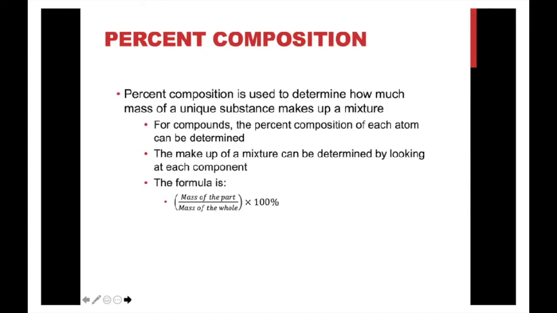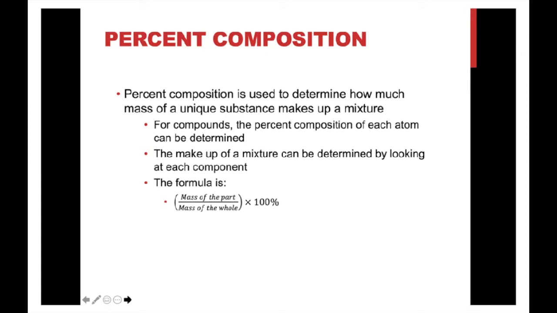So first up is going to be percent composition. This is basically how you figure out how much of a part of a mixture makes up the entire mixture. That mixture can be 3 solids that you've separated, and you figured out how much each one weighs, so now you know the percent composition of that mixture.